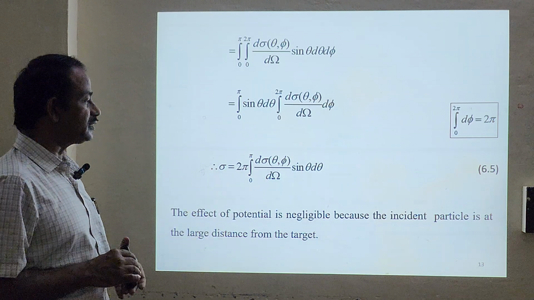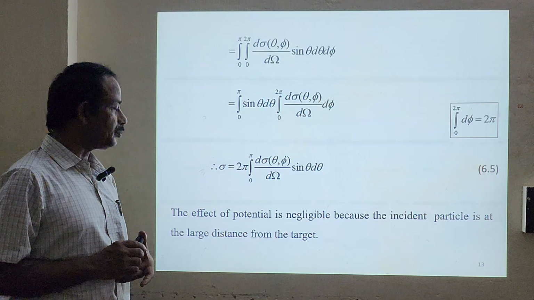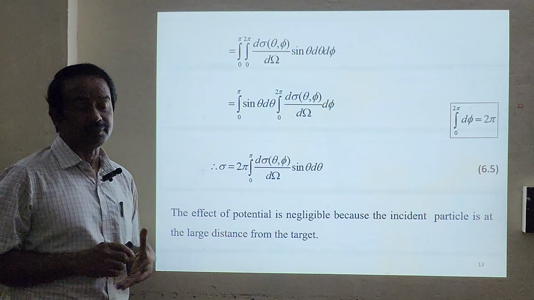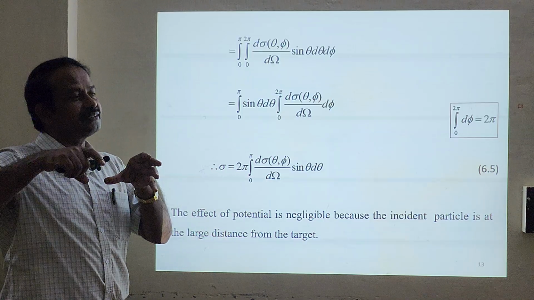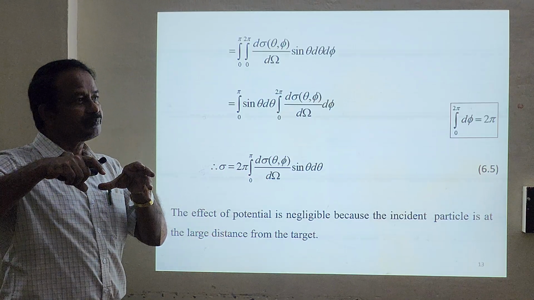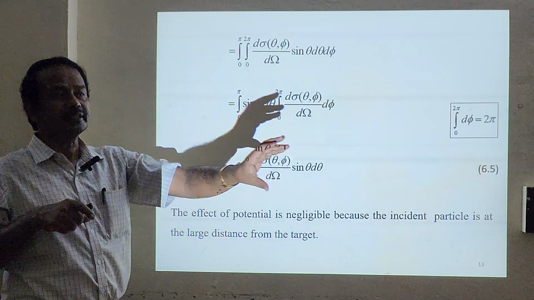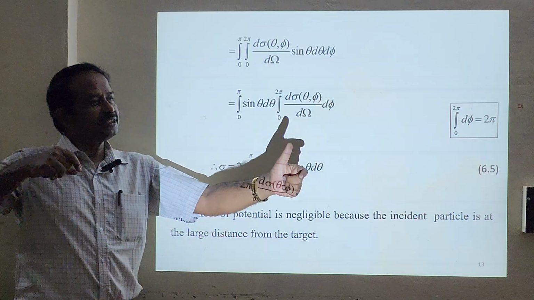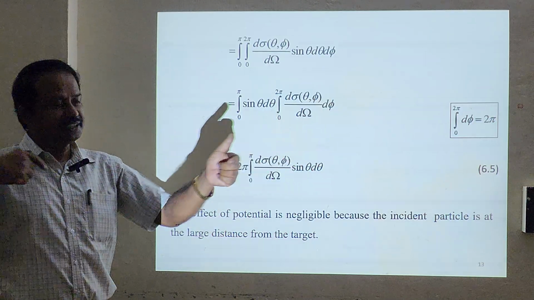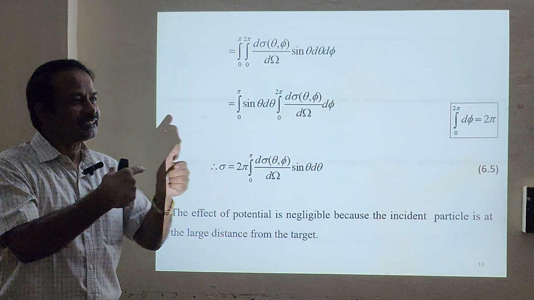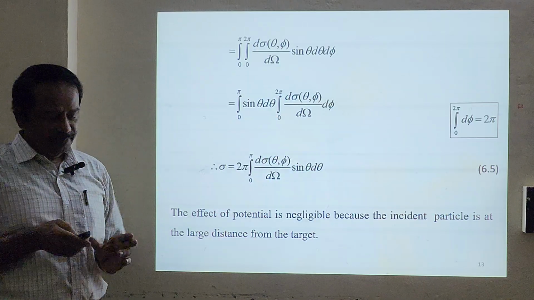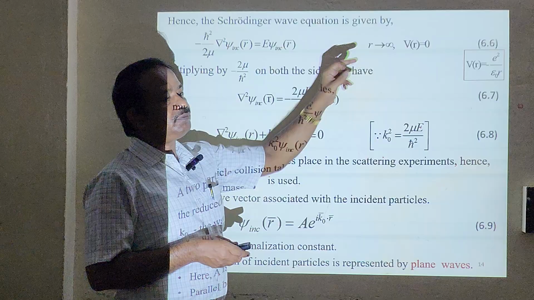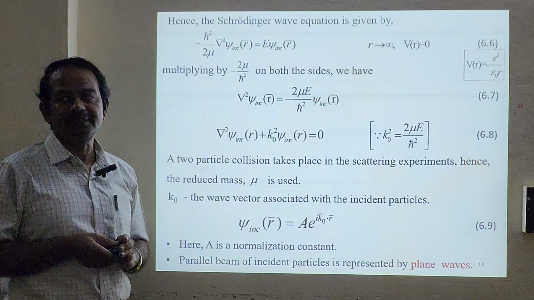The effect of potential is negligible because the incident particle is at a large distance from the target. Of course, it's a very important concept we are going to discuss now. We have the beam of incident particles, and these particles will bombard the target. If it is too close, there will be interaction between these two. If it is too far, we have r equal to infinity.